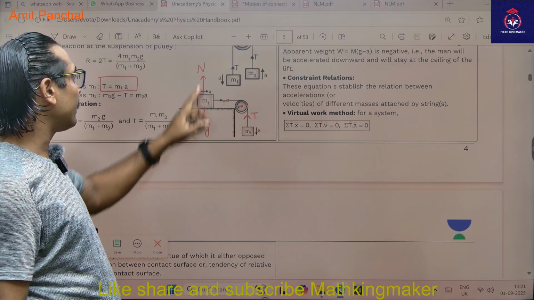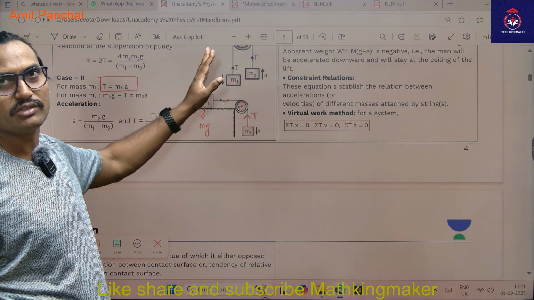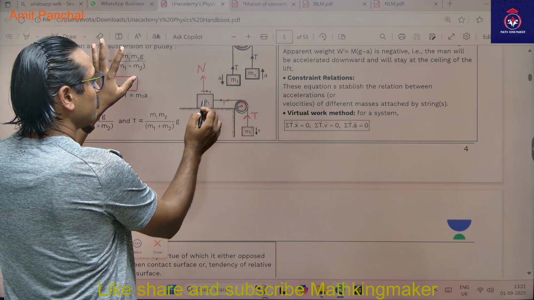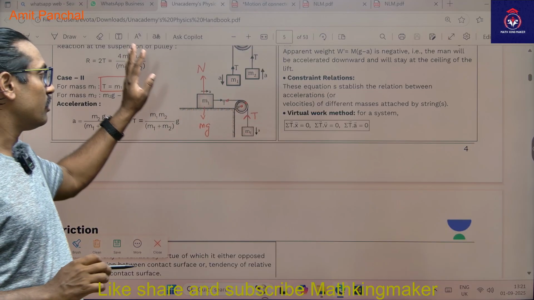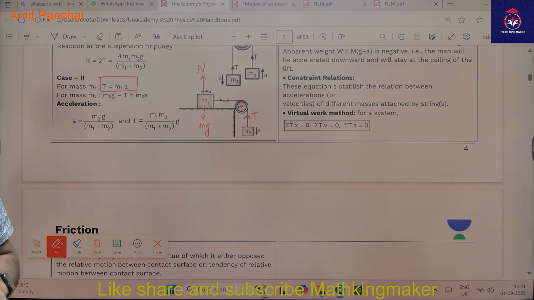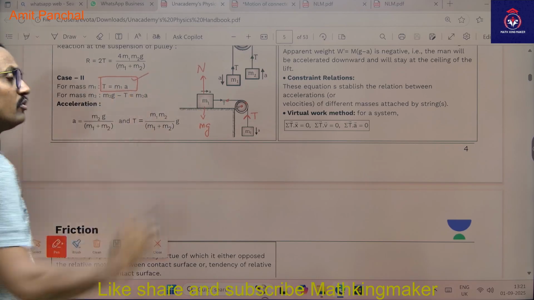This weight and normal force will be cancelling each other as they are in opposite directions. So only two forces are applied on this m1: the tension force and the force by the acceleration. So the tension will produce force by acceleration, so that T is equal to m1a.